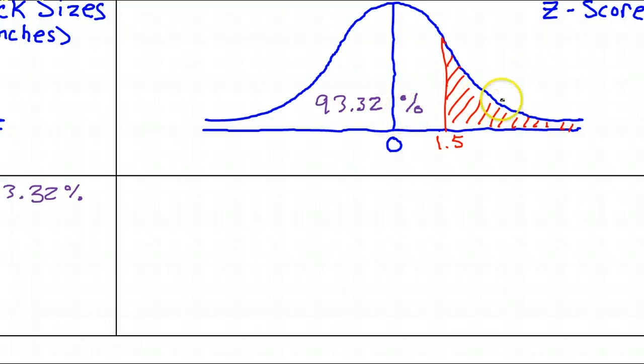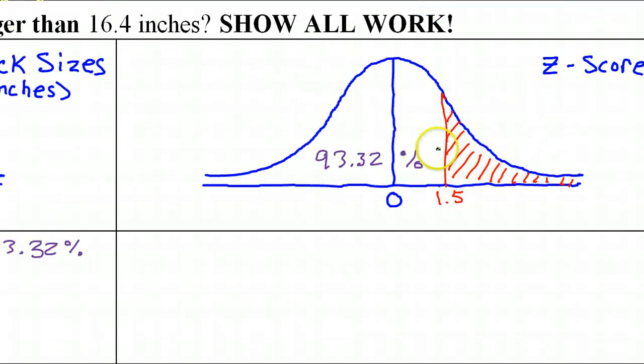If I want the right side, I need to subtract from 100. So do 100 minus 93.32, and that's going to give you the other value.